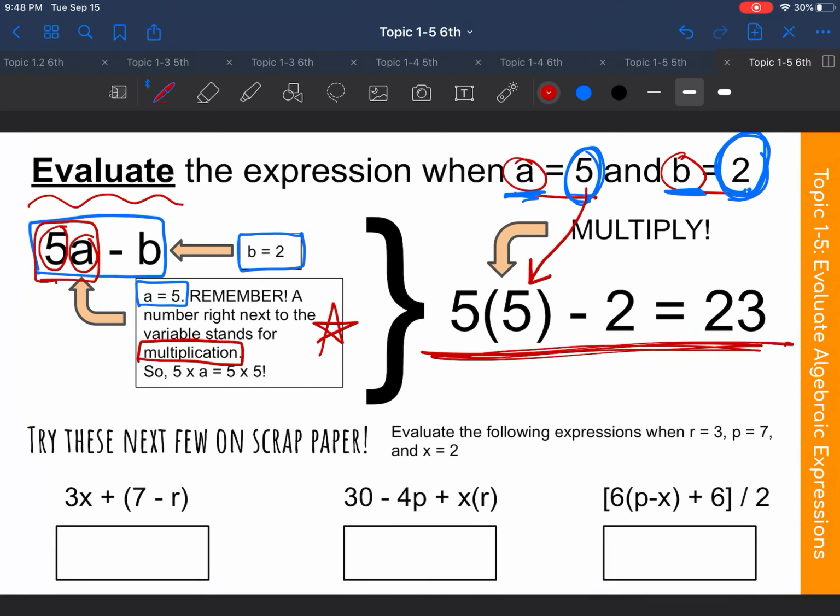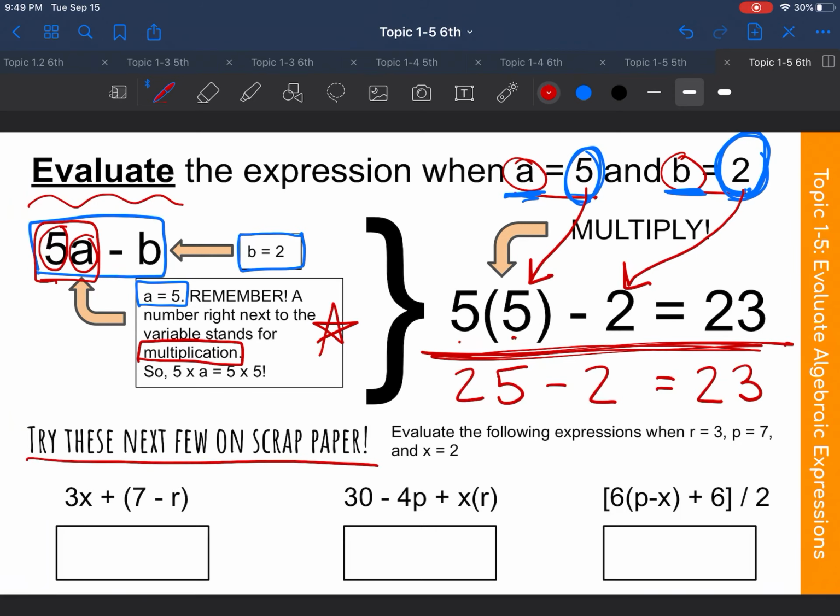We plugged in that 5 for A, plugged in that 2 for B, and now we have 5 times 5, which is 25. We do that first, then we subtract the 2, and we get 23. Okay, so we're given the values, you're just plugging them in.